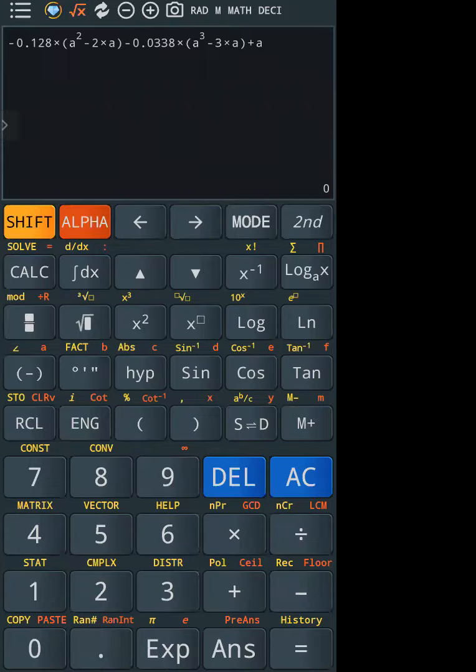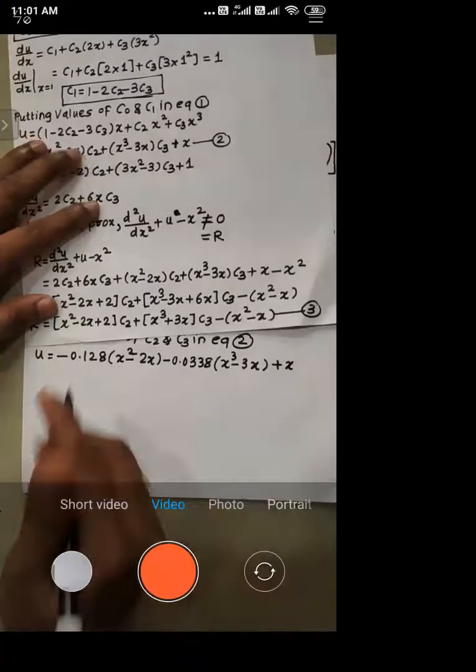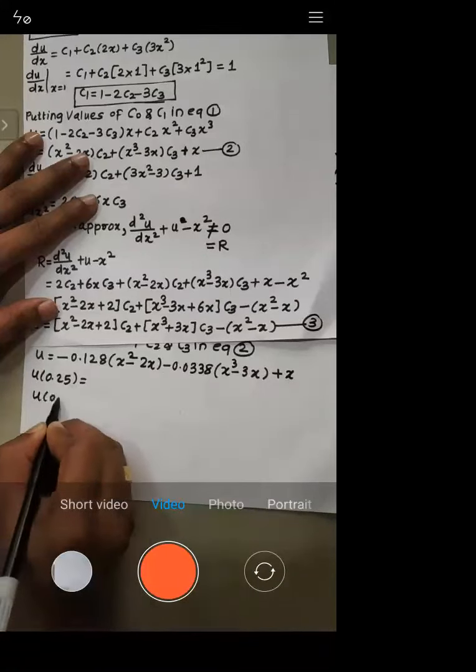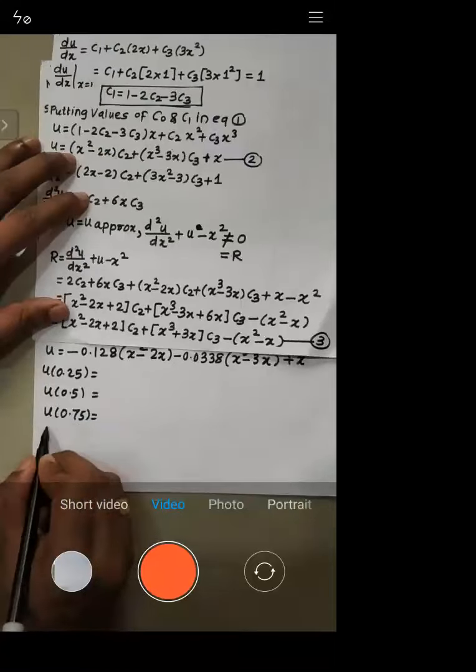Okay. Now not a problem, I will finish immediately. Only 2 things we have remained. That is, we should calculate u at 0.25, u at 0.5, u at 0.75, and u at 1, because ultimately we need to compare these answers.